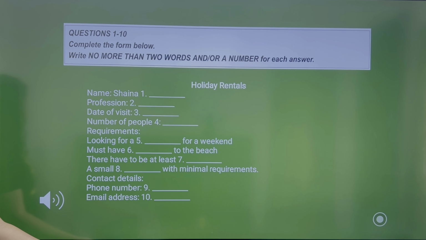You will hear a woman asking questions to a man about a holiday home she wishes to rent for the weekend. First, you have some time to look at questions 1 to 4. Now listen carefully and answer questions 1 to 4.